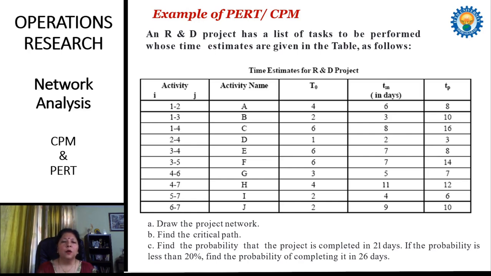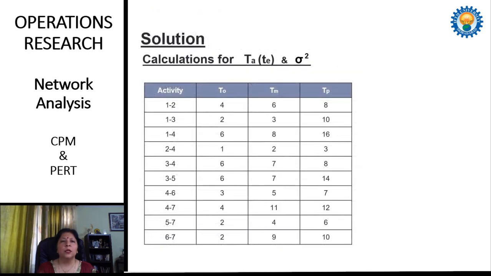The problem is: draw the project network, then find the critical path and find the probability that the project is completed in 21 days. If the probability is less than 20%, find the probability of completing it in 26 days. So now we start its solution.